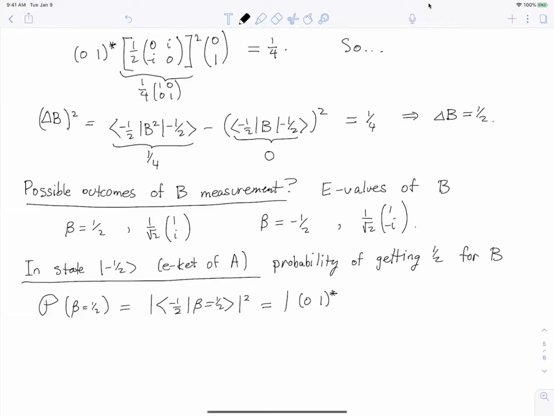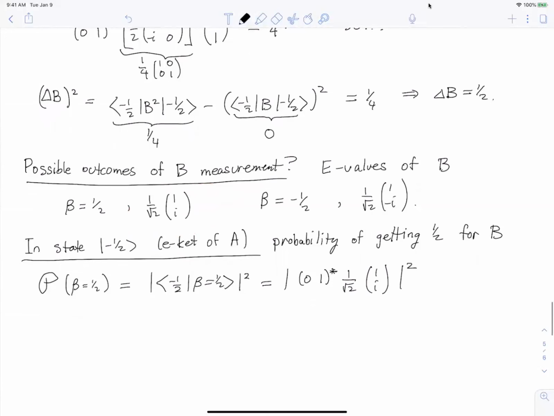That's the representation of the state minus 1/2. And then the representation of the state beta equals plus 1/2 is this thing. So here I'm going to write 1 over square root of 2, (1, i). And then when I'm done taking that inner product, I'm going to square the whole thing. So this is going to equal i over square root of 2 squared, which is equal to 1/2.